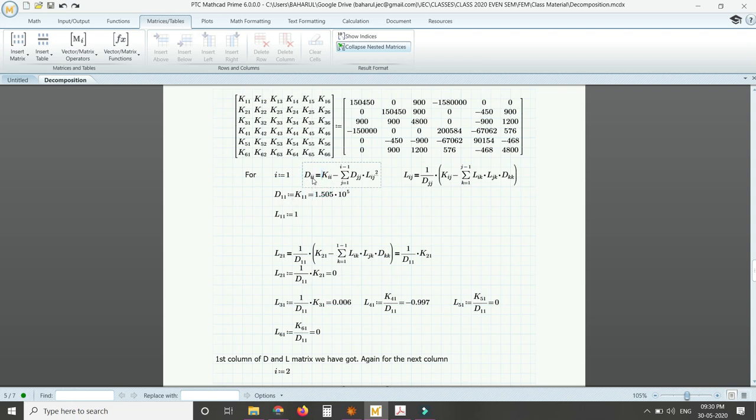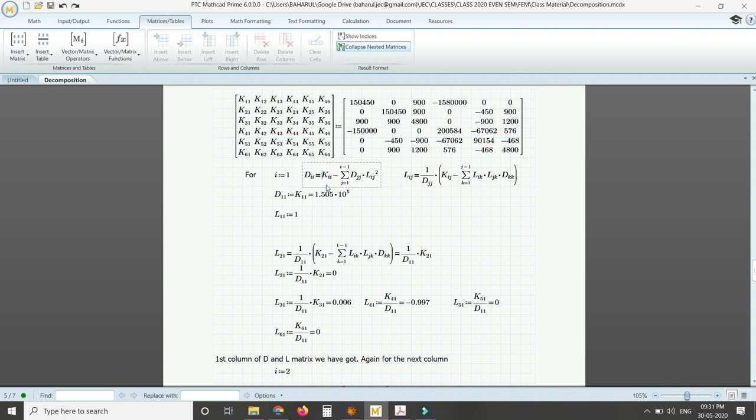If I put 1 in place of i, d11 is equal to k11 minus the sum from j equal to 1 to i minus 1. i is 1, so it will be 1 to 0. That is not possible, we cannot sum from 1 to 0. We can always sum from 1 to 2, 2 to 3, like that. So this whole part becomes 0 and you can neglect it. So d11 is equal to k11.